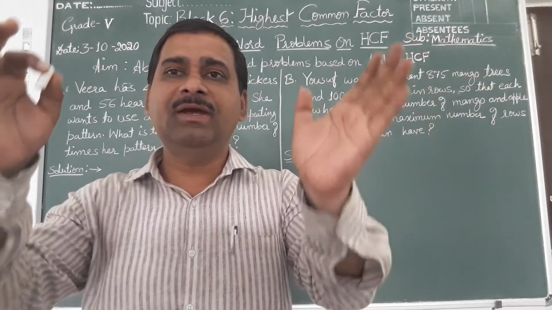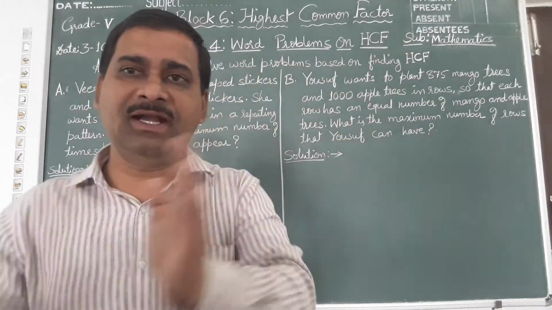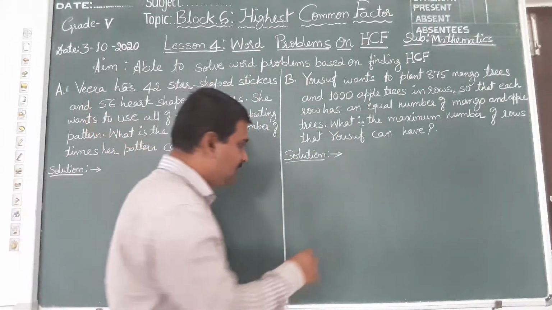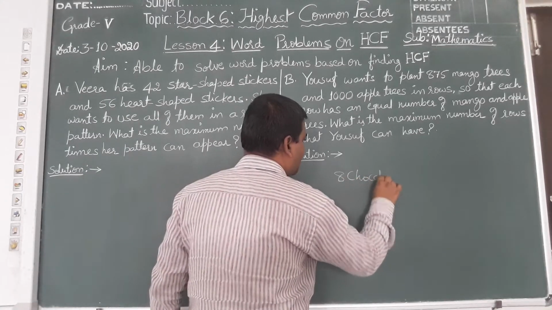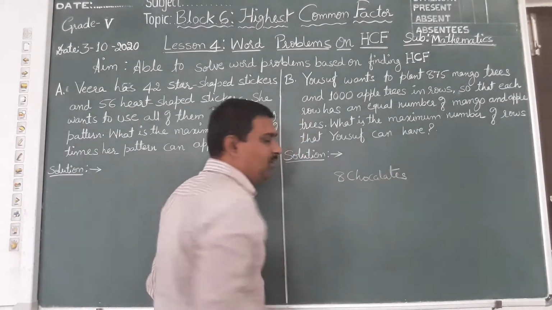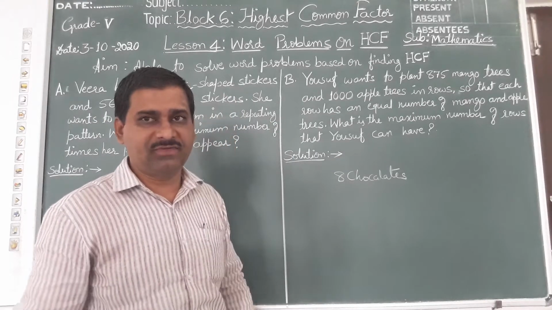And how many combinations you will get? Let me tell you. For example, 8 chocolates are there and I told you to distribute equally to your friends.